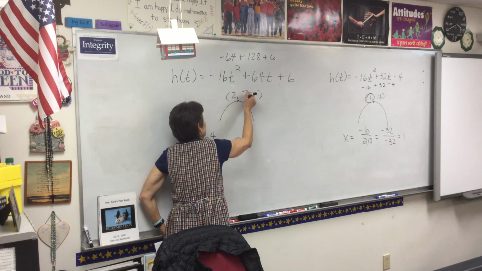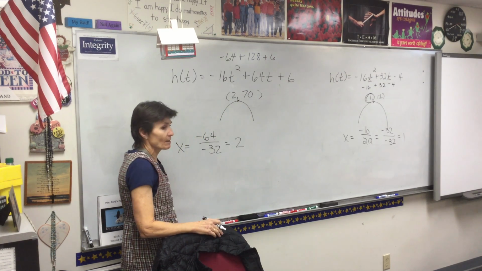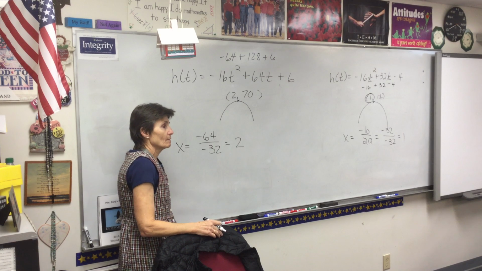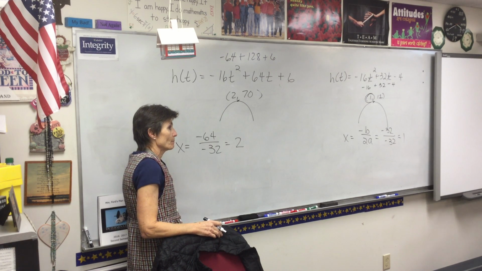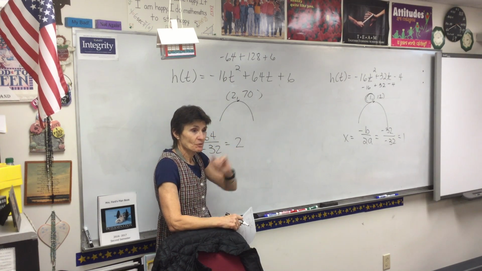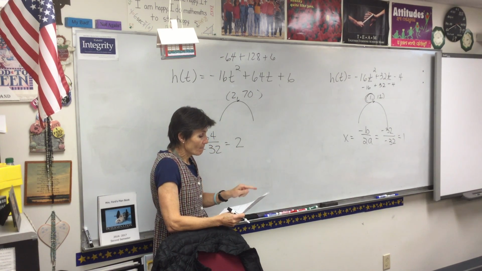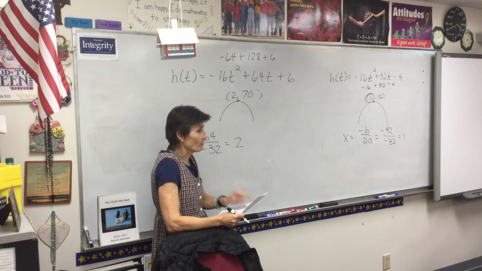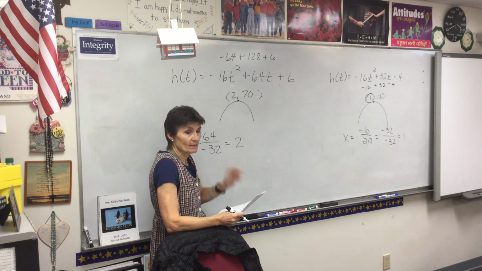I think that's 70, but I'm going to let you double check. Is that right? 70? Yeah, that's right. Now that's the vertex. That's great. Let's answer the question. Find the maximum height of the ball. 70 feet.